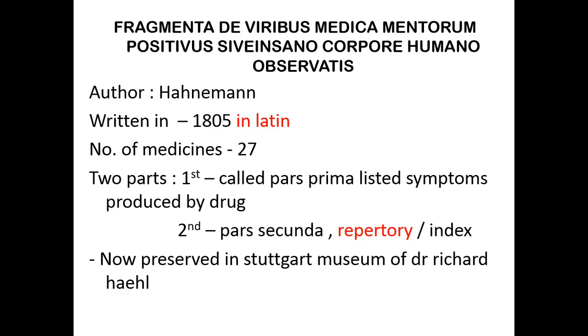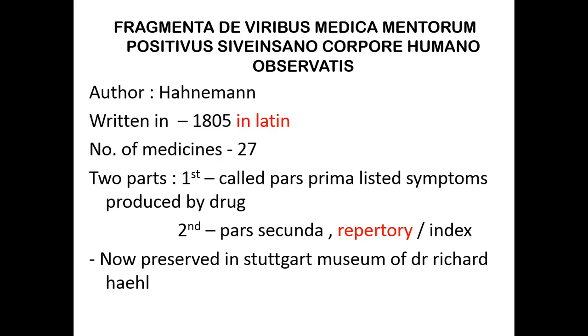The first is called Pars Prima, listing symptoms produced by drugs. The second is Pars Secunda, that is the repertory or index. Many people use the first part as materia medica, that is MM, and the second part, Pars Secunda, as repertory or index, because in the first part the symptoms produced by drugs are listed, and in the second part there is indexing.